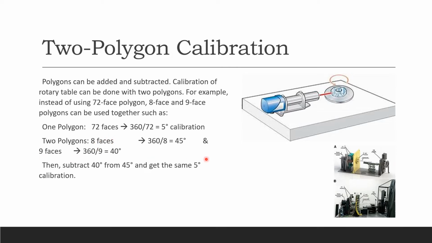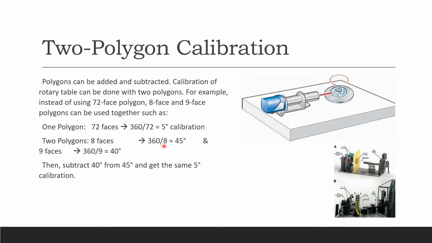You have to do backtracking. To get the 5 degrees, you can subtract 40 from 45. You can also subtract 30 from 35, but then it won't go all the way around to 360 degrees. The 45 minus 40 option is the most logical.